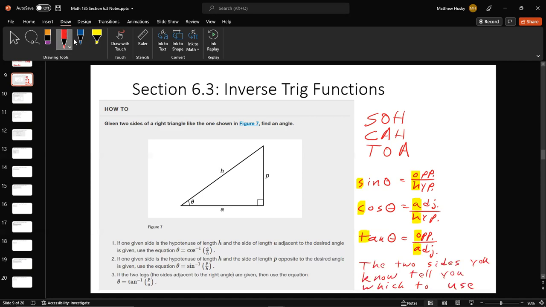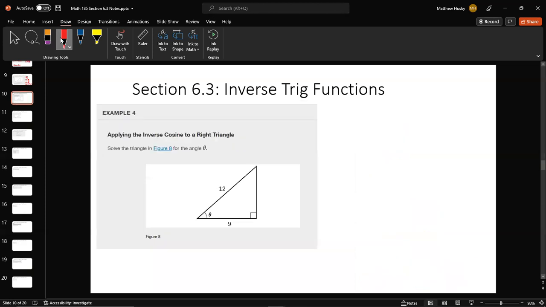Well, that would tell me to use the cosine, or in particular the cosine inverse, because the adjacent and the hypotenuse are the two sides that I know. So that's usually how these problems are going to fall out, where you're going to know two of the sides of the triangle, and based off of those two, that will guide you into which trig function you're going to want based off of SOHCAHTOA.